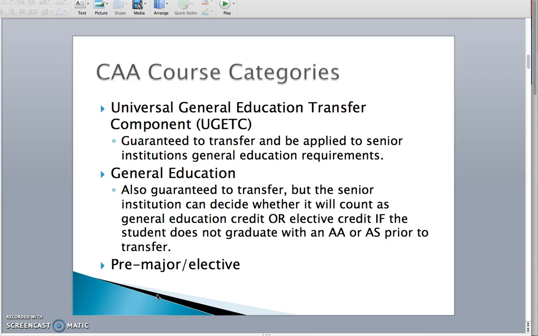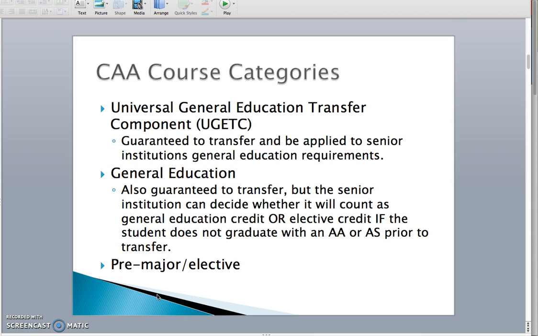The next set of courses are general education courses. They are guaranteed to transfer, but depending on how you transfer, the institution can decide whether or not it will count as a general elective or general education credit or as elective credit. And then the final is pre-major or elective.